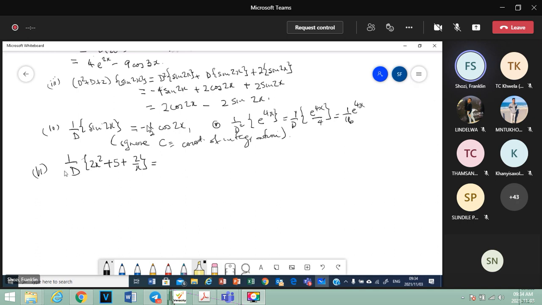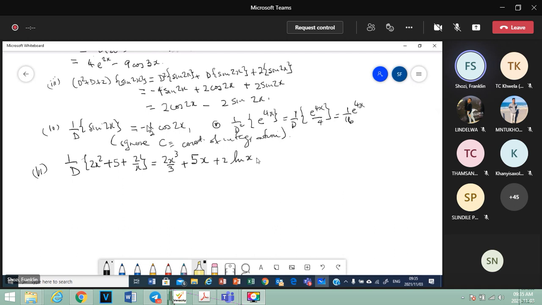The integral of 2x squared is 2x cubed over 3, plus the integral of 5 with respect to x, which is 5x because 5 is a constant. The integral of 2 over x is the same as 2 times 1 over x. That will be 2 ln of x. No c. We don't put a constant c here.